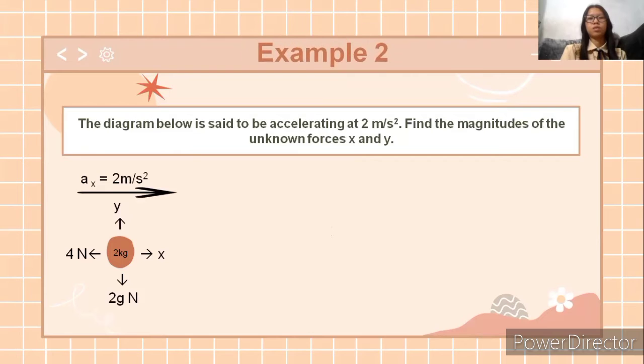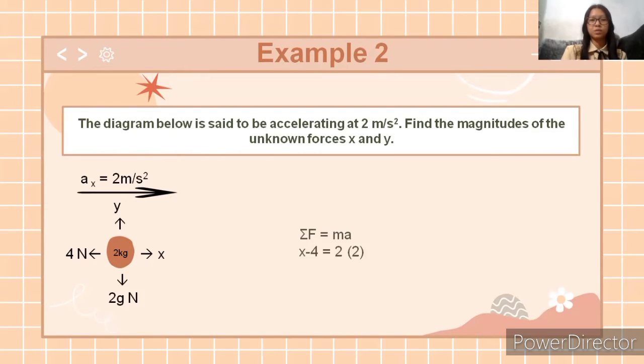Example number 2. The diagram below is said to be accelerating at 2 meters per second squared. Find the magnitudes of the unknown forces X and Y. So here is the diagram. First we're gonna solve for the x-axis by using sigma F is equal to mass times acceleration.